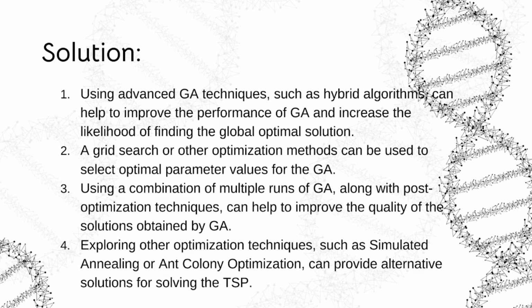Using a combination of multiple runs of the genetic algorithm along with post-optimization techniques can improve the quality of solutions obtained. Exploring other optimization techniques like simulated annealing or ant colony optimization can provide alternative solutions for solving the TSP. Adopting these solutions can improve the effectiveness and efficiency of genetic algorithms in solving TSP and other optimization problems.